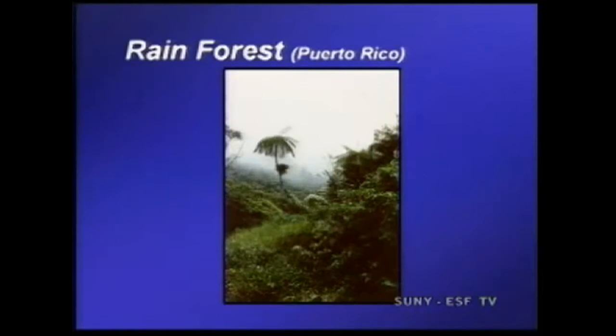If you look at a comparable acreage in a place like New York, where I am right now, you might only find 5 to 30 different types of trees. In a 25-acre plot in the tropics, you might find over 700 trees. It's pretty amazing.